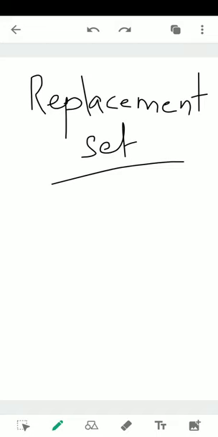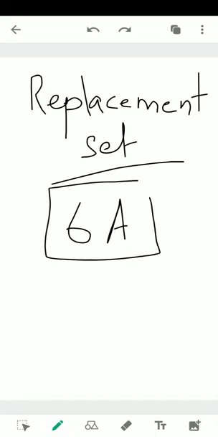I need to have a particular set from where I can take the solution. So let's imagine I want to find the students having height more than 150 centimeter from, let us say, 6A, a random class. Those students whose height is more than 150 centimeter have to come from 6A, right? Now this 6A, from where the solution has to come, is called your replacement set.